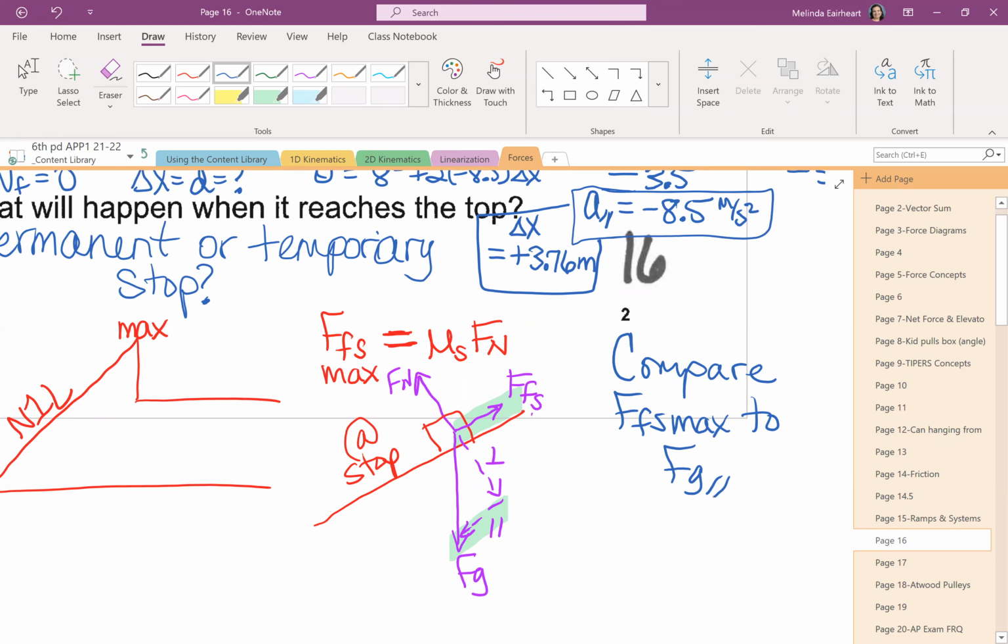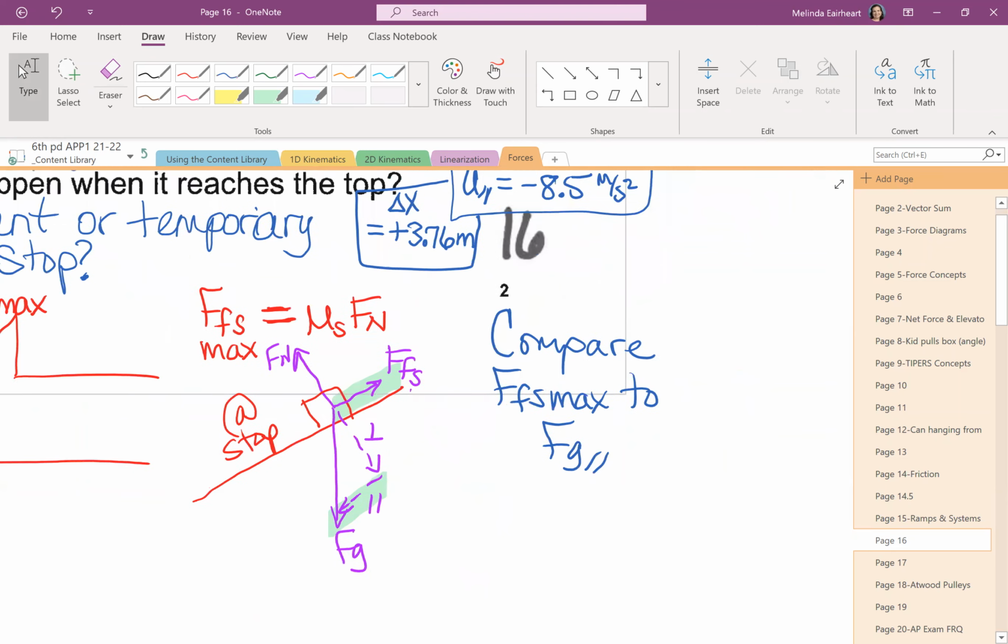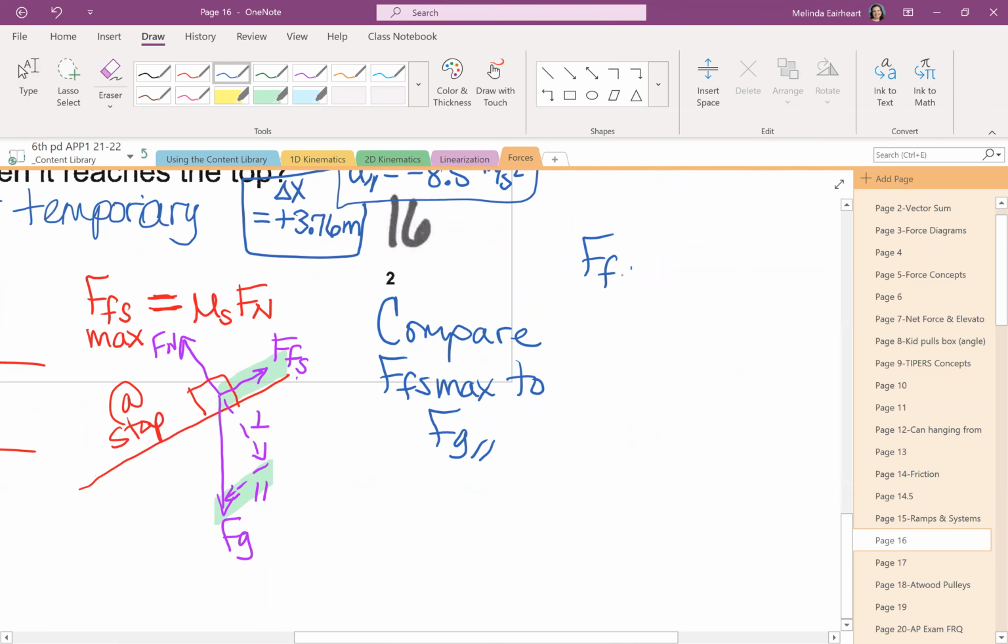So let's calculate that maximum static friction. And so FFS max equals mu s, but instead of Fn, we're on a ramp. Fn equals what? If you look at your diagram, Fn is going to balance FG perpendicular, okay?